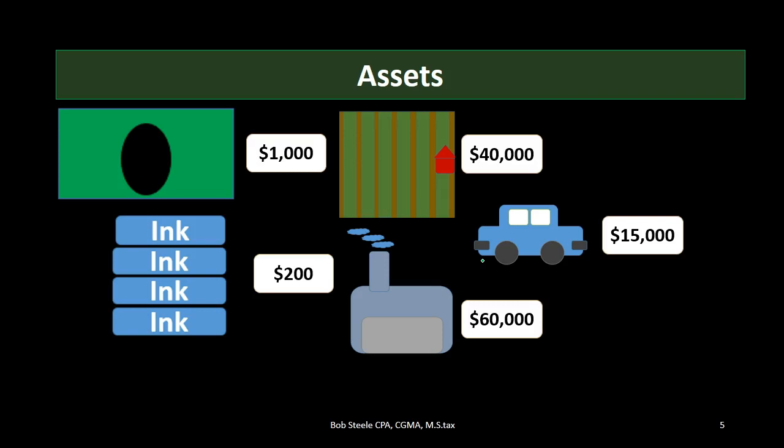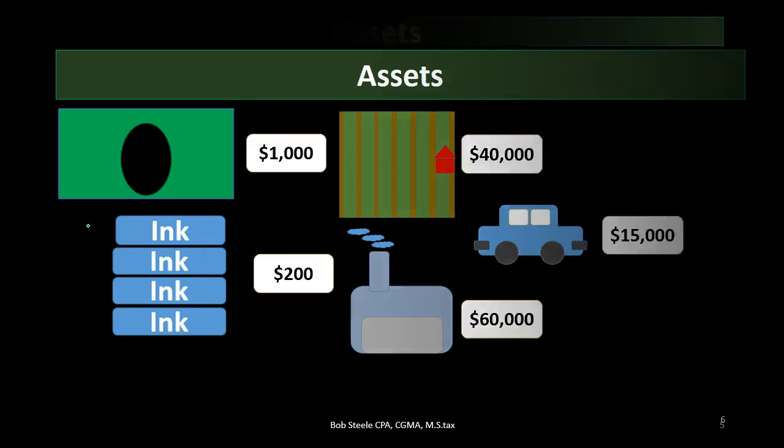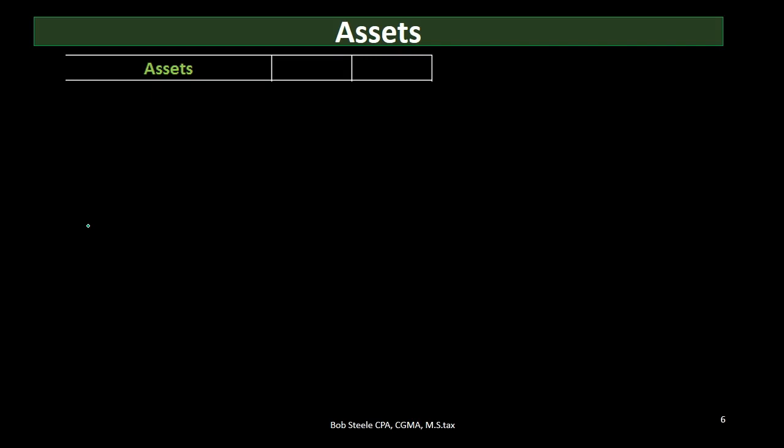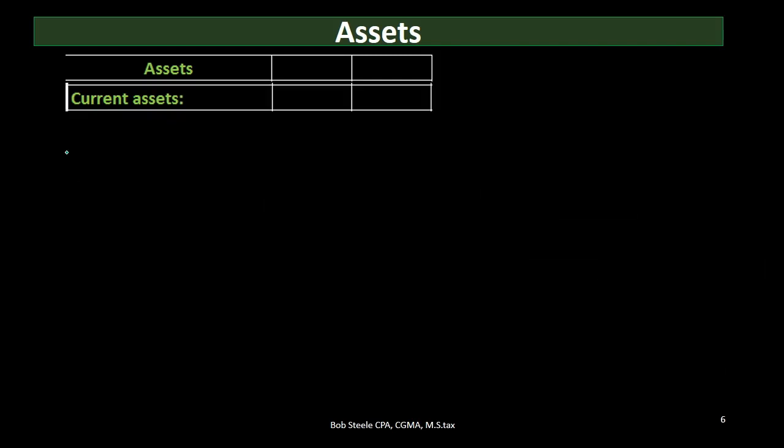We have to separate these types of assets out and consider what type of assets we have, especially how much cash do we have, and do we have enough cash in order to pay off our current obligations that will be due relatively soon. So if we look at the assets section then of our balance sheet, we're going to have assets. We're going to break out generally current assets pretty much all the time.